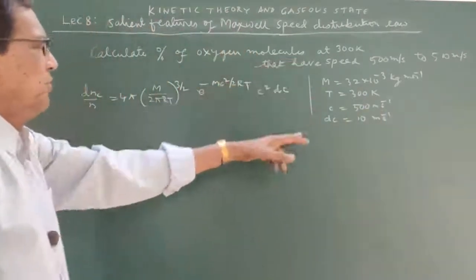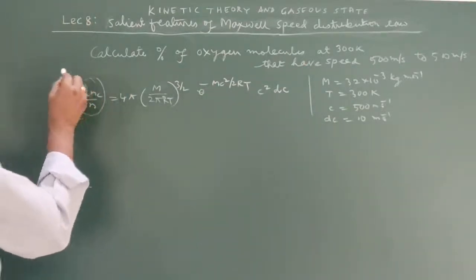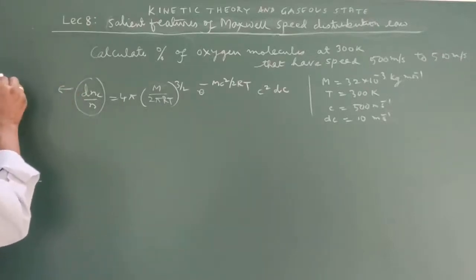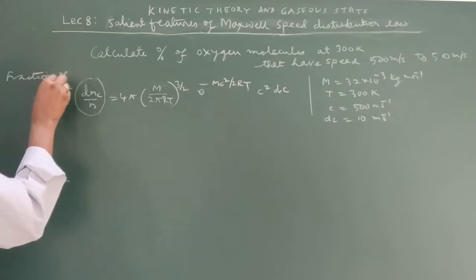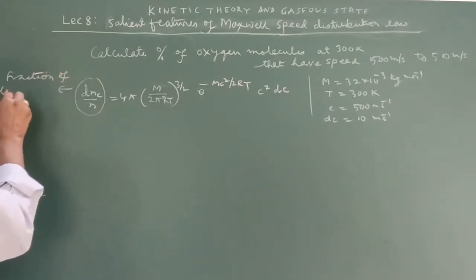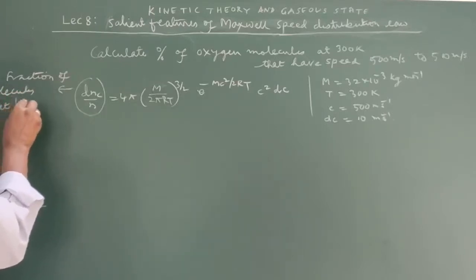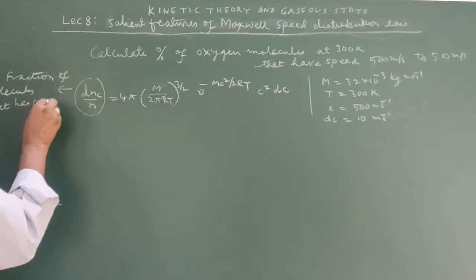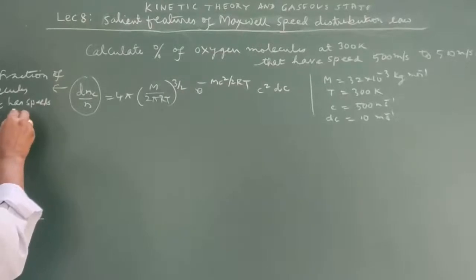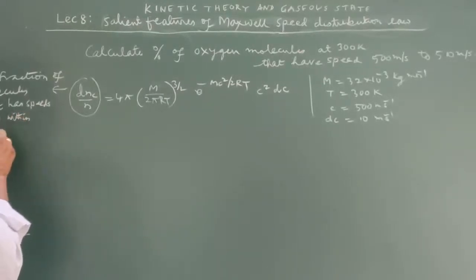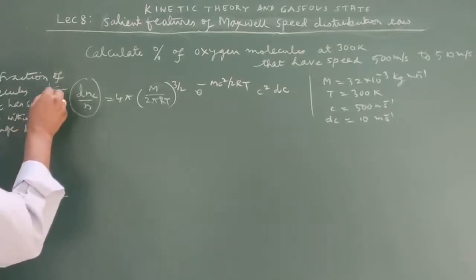So if we put all these values, this one is the fraction of molecules that have speed c within the range dc.